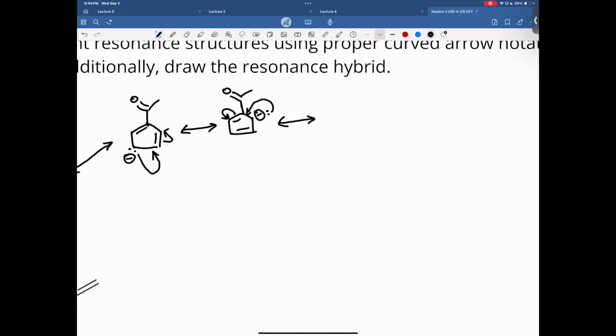And by the way, these are all allylic lone pairs, the same pattern. And then you can do it once more. I know it's a lot of resonance structures, but these are the type of problems that are going to require you to do this. Take these electrons, make a double bond, take this double bond, make it into a lone pair.